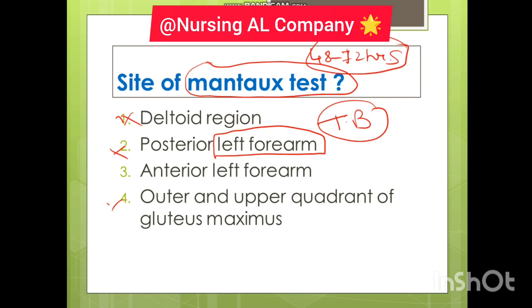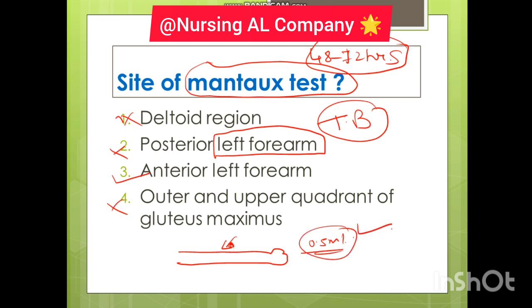The right answer is the anterior forearm. On the anterior side of the forearm, 0.5 ml is injected. We call it the tuberculin test. So the right answer is the anterior left forearm.